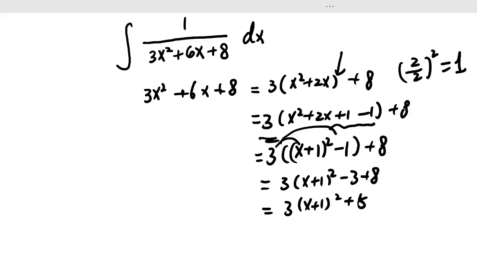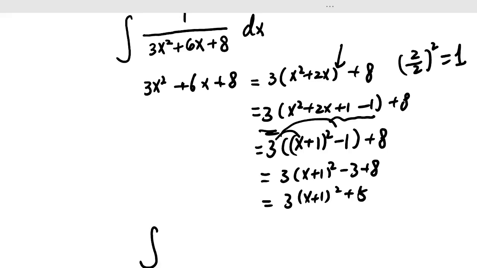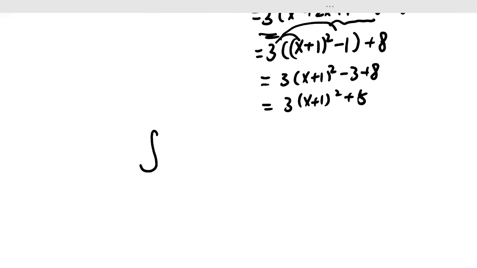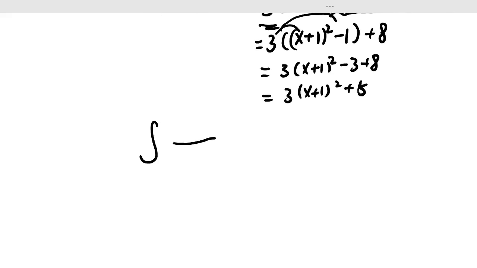Now after our completing the square, we're going to have 3 times x plus 1 squared plus 5.